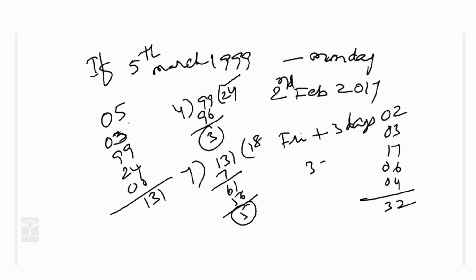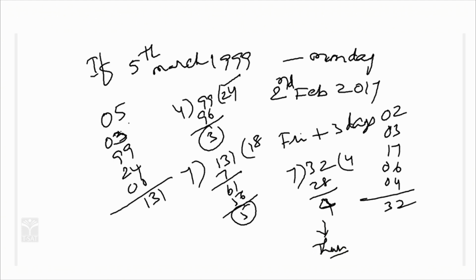When 32 is divided by 7, 7 fours are 28, and 4 is the remainder. 4 will be Thursday, correct.